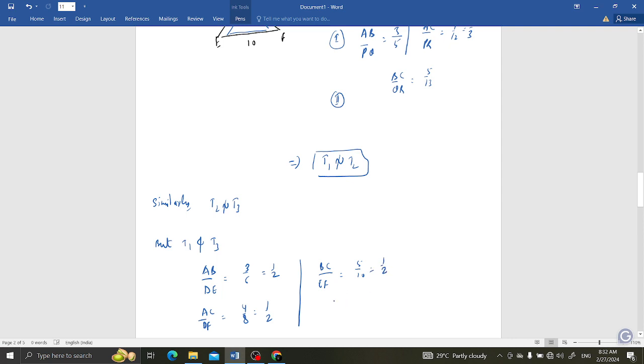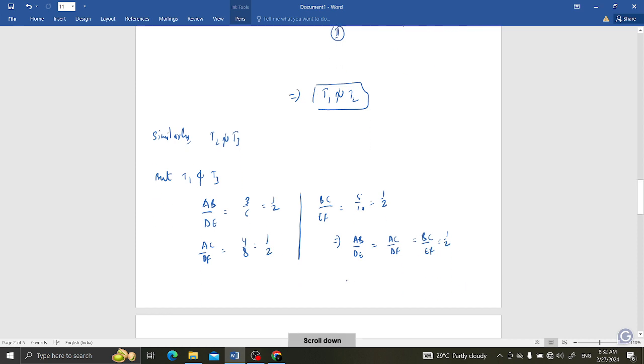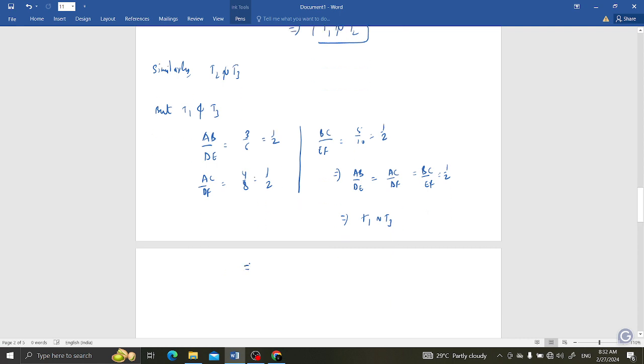So it implies that AB upon DE equals AC upon DF equals BC upon EF equals 1 by 2. It means the sides are proportional, so T1 is similar to T3. So it means that T1 is related to T3.